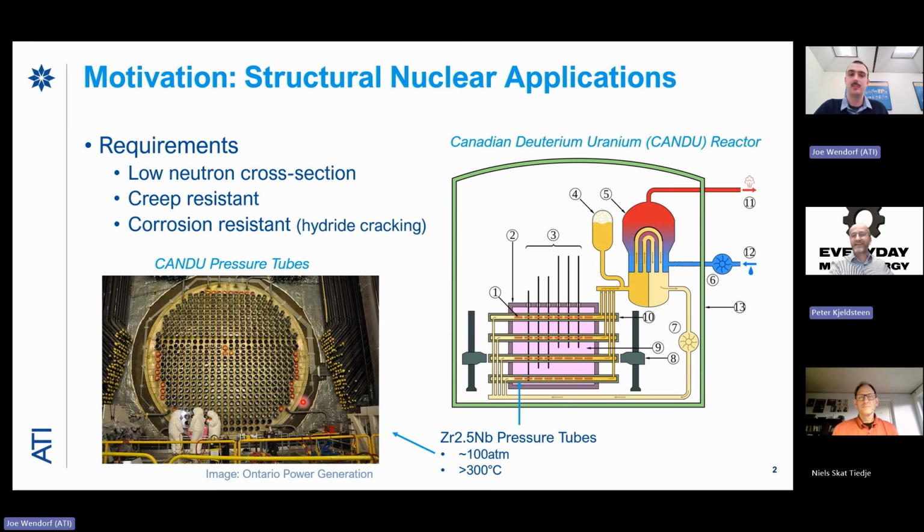Wow. So I know a lot of them are diced up, and they do sampling to make sure that the material is still safe to use in the reactor. But as far as the ones that aren't used for research, I actually don't know what is done with them. We certainly don't recycle them into new pressure tubes because they are radioactive at that point.